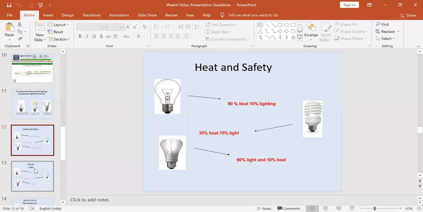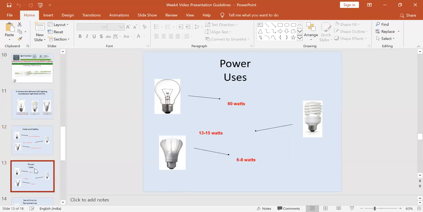One more factor is power use, how much power each consumes. The incandescent lamp consumes 60 watts, the CFL, compact fluorescent lamp, consumes 13 to 15 watts, and the LED bulb consumes only 6 to 8 watts.